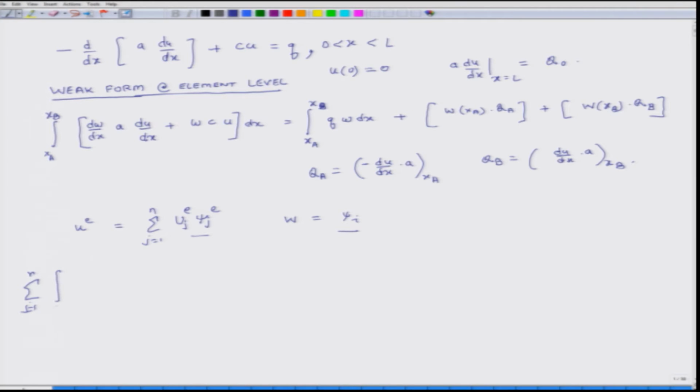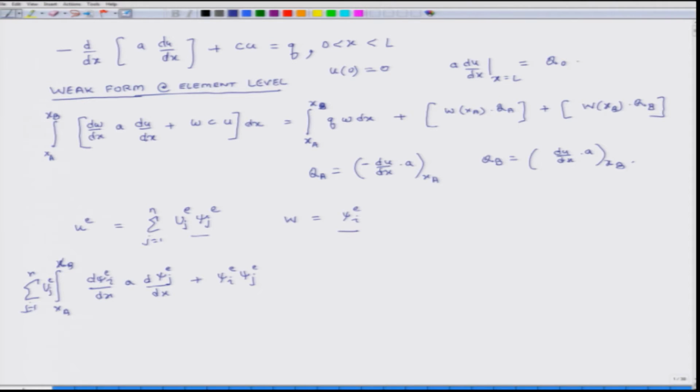this equation, and the constants at node positions are uj's.